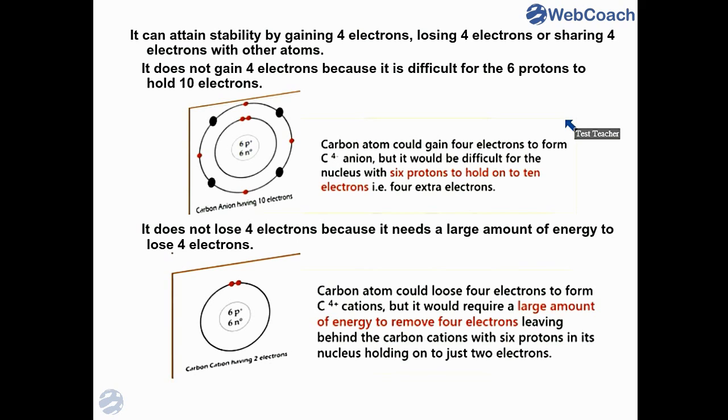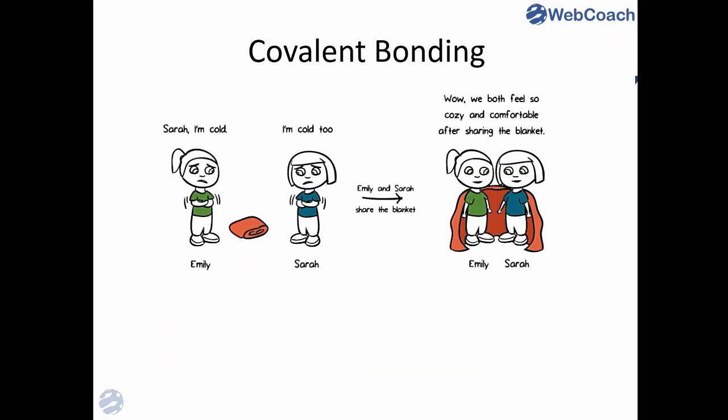So it came up with a strategy to bind with atoms of other elements, saying, let's just share the electrons with each other. Here is a small scenario as to how the bond between carbon and another atom happens. Let's say Emily is carbon and Sarah is another atom. Emily and Sarah are both feeling cold.